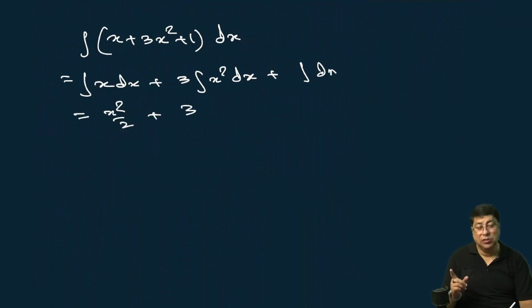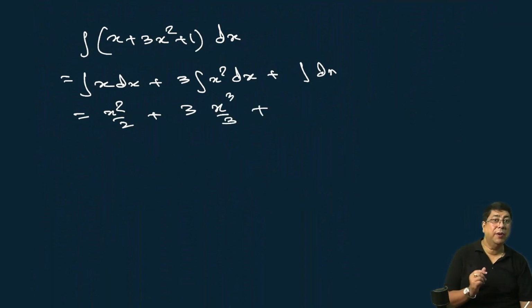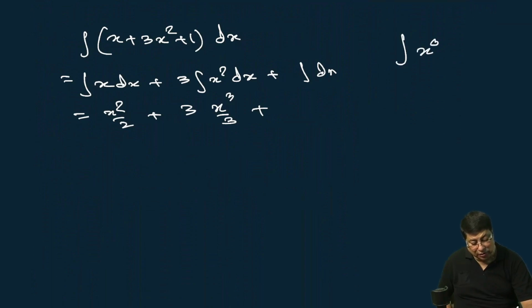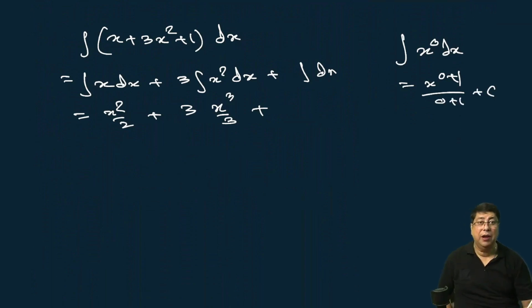So in this case, x to the power 2 plus 1 by 2 plus 1, that is x to the power 3 by 3, plus the integration of dx is x. It has two explanations. Why is the integration of dx x? One explanation: obviously it is x to the power 0 dx. According to the formula, x to the power 0 plus 1 by 0 plus 1 plus c. But another very good explanation is that differentiation is the reverse of integration. These get cancelled and it comes out x.